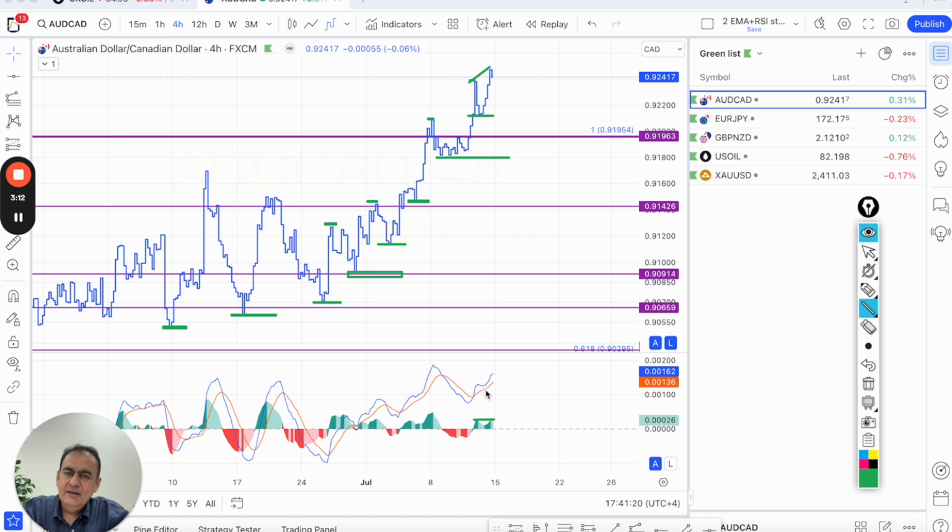But the MACD lines are still clearly bullish. There is a probability that we may get some short-term corrective price action in the coming week if bearish divergence builds up on the 4-hourly chart. As of now, there is a slight slowdown, but not a major reversal building up on the 4-hourly chart.